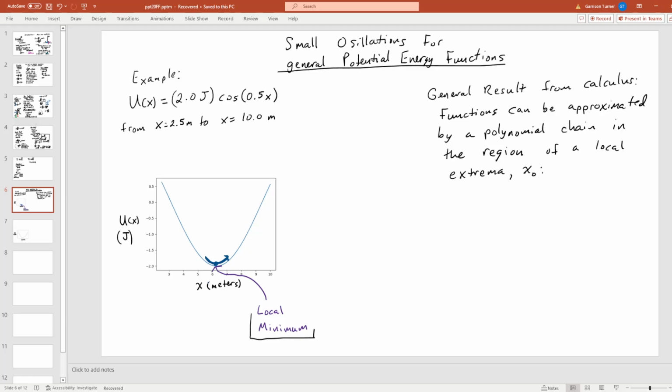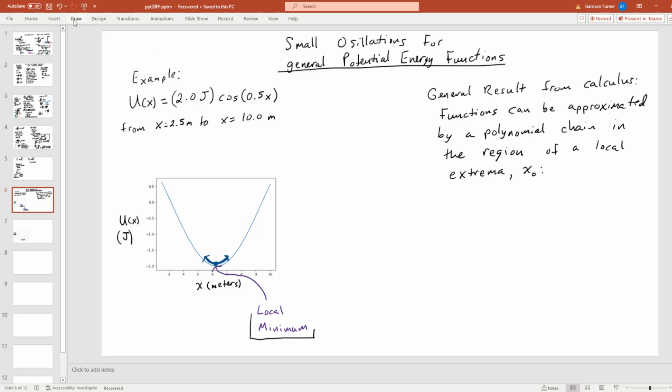It could be moving back and forth on a spring. But as far as the potential energy function is concerned, it's just going to keep sliding, if you like, between these two endpoints. And so this is what your oscillatory motion is. So as long as you have a local minimum, then you have the potential for small oscillations, right?